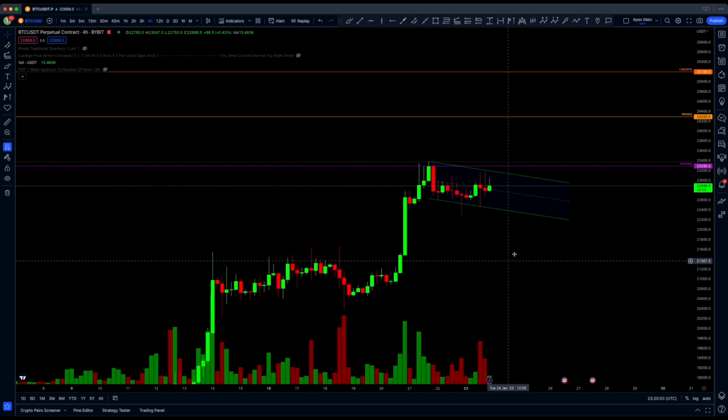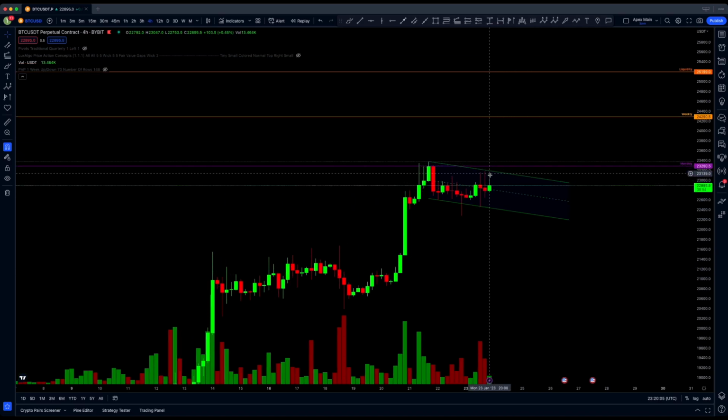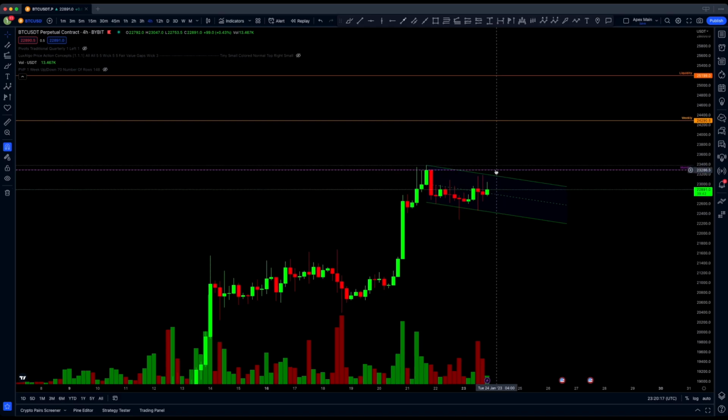So I would be looking for, number one, do we break? I would look at the monthly level here as a nice entry, right? Because we've broken it once, we've broken it twice. Really low leverage, but looking for nice DCA patterns. So I'd look for the monthly high time frame, that's at the 23,290, which we've already broken.